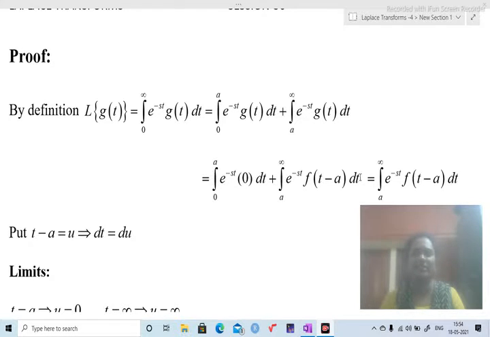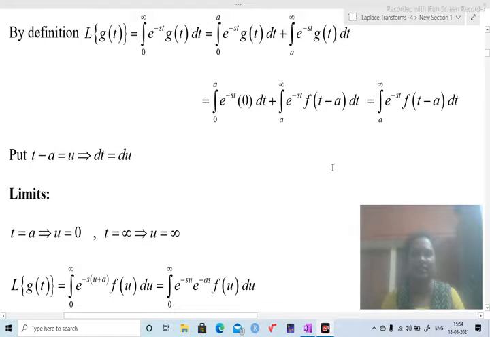Second integral will be as it is, that is integration a to infinity e power minus st f of t minus a into dt. We can solve this integration by using again substitution method. Put t minus a equal to u. Then dt equal to du.